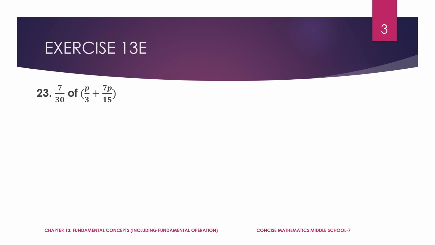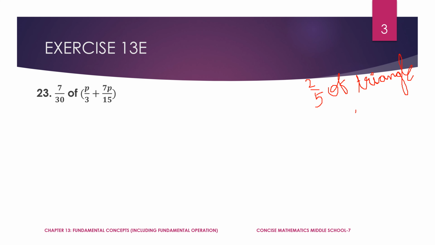So let me take a simple example. Here let's consider 2 by 5 of a triangle. What does this mean? If you understand this, then you will easily get what the question is. Here they are talking about a triangle.